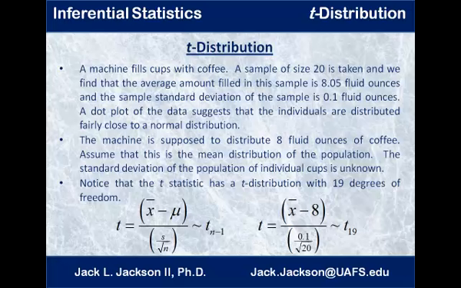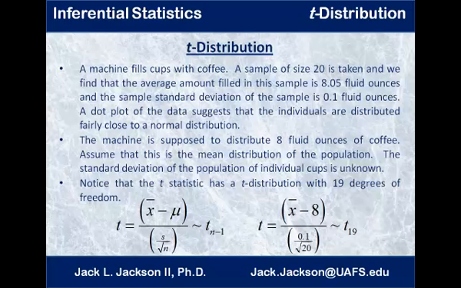So the test statistic that we're going to find, a t, is going to be our x bar minus 8 divided by s, 0.1, divided by the square root of n, that's the square root of 20. So x bar minus 8 over 0.1 divided by the square root of 20 is going to be a t variable.